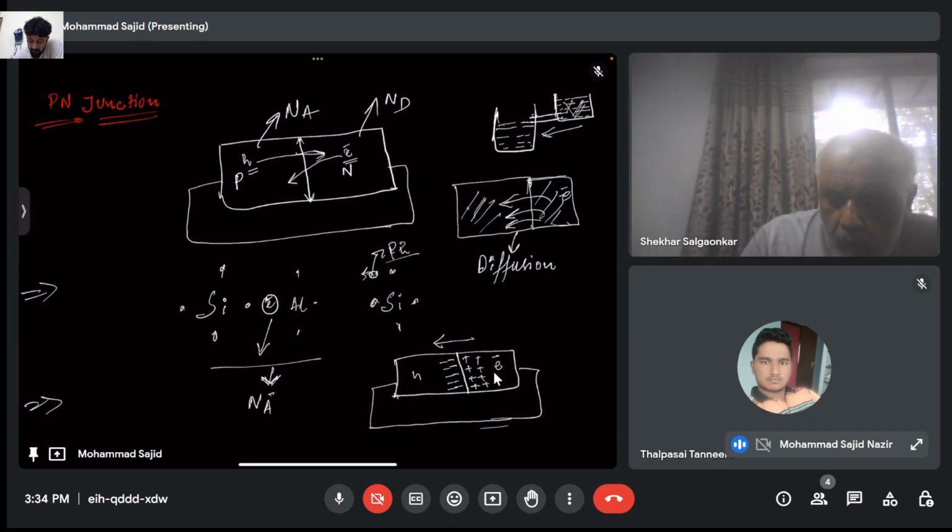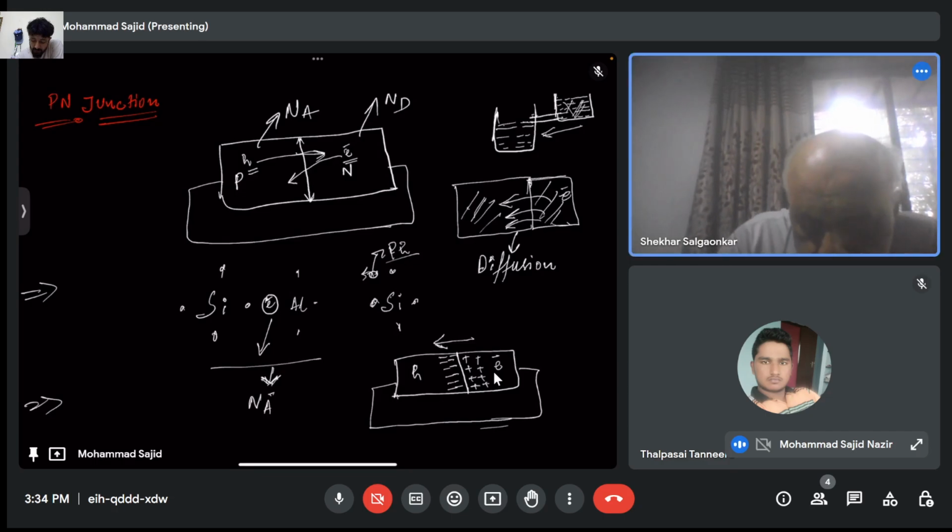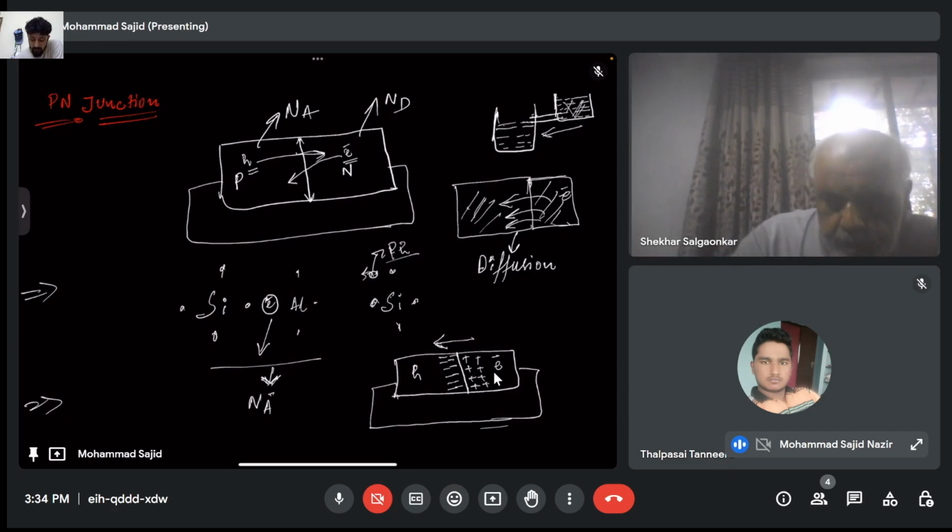Before, we might have thought that these electrons can flow unconditionally to the left side, but now there is an inbuilt field which restricts the flow of electrons to the left side. Similarly, it opposes the flow of holes to the right side.